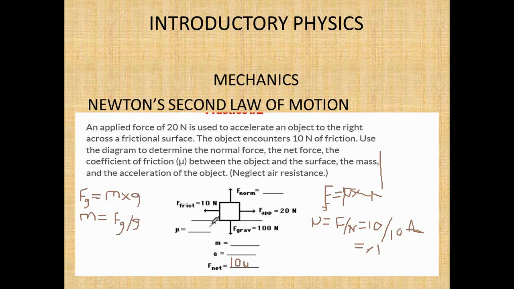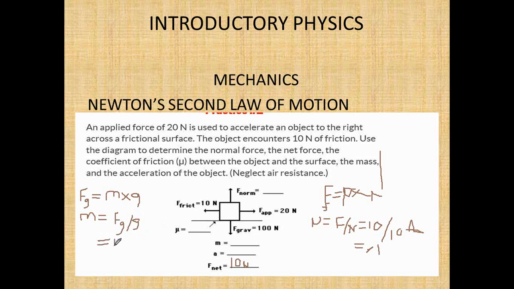Okay, so the force of gravity is 100, and the acceleration due to gravity is 9.8 meters per second squared, but for simplicity, let's use 10. So our mass would be 10 kilograms.